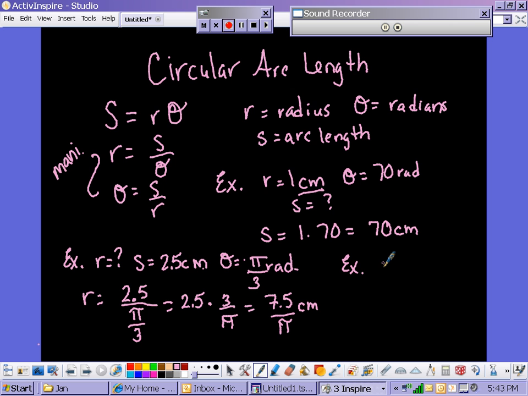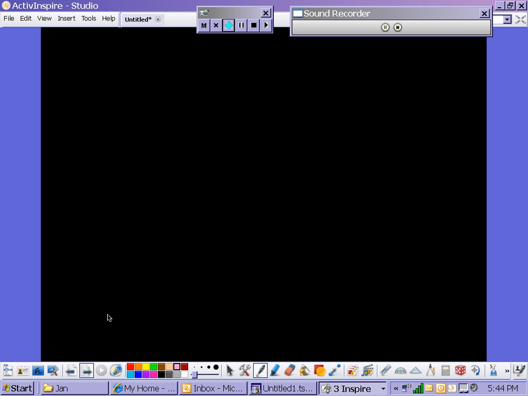S equals 2 meters, and theta this time is going to be 125 degrees. And so we're going to look for R. Okay, I'm not going to have enough room on this page, so I'm going to switch to another page. So I just carry my example up.